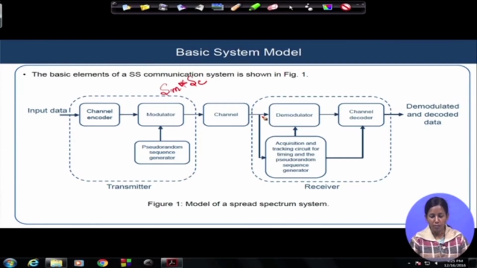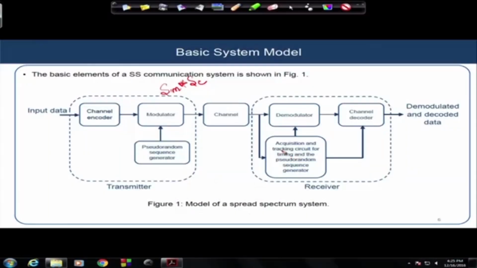The output of the channel, when it enters the receiver, goes into a demodulator block. Remember, this demodulator corresponds only to the spread spectrum demodulation process, but it needs very high and accurate information about the timing of the signals.